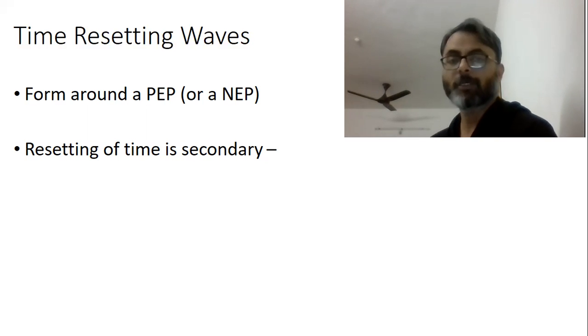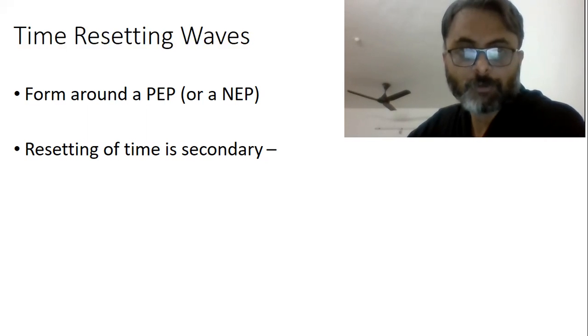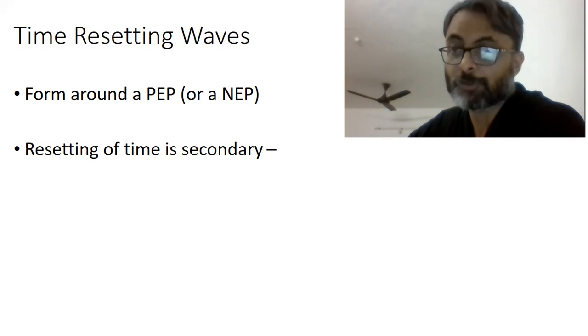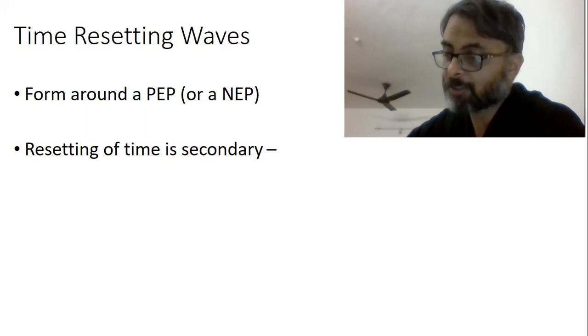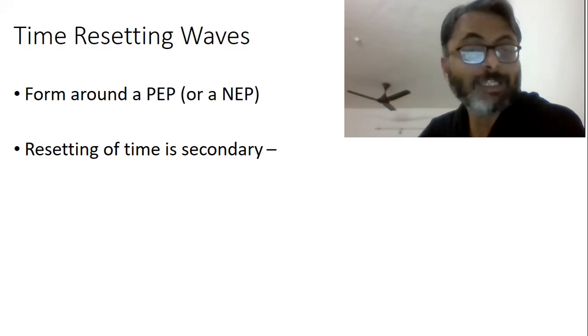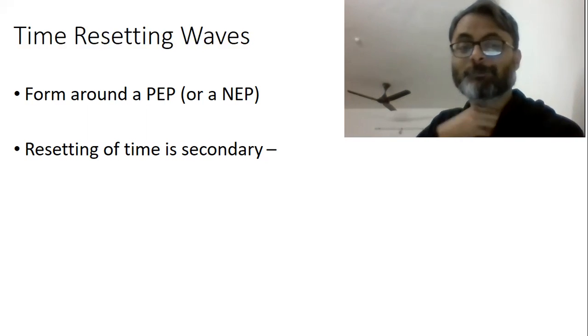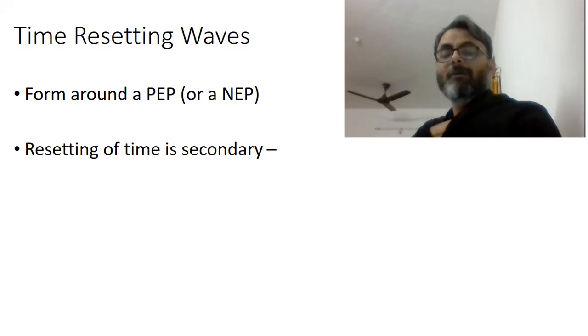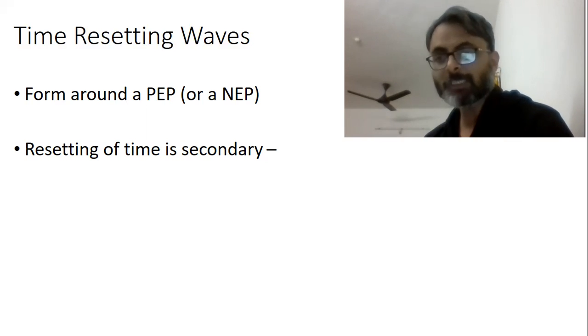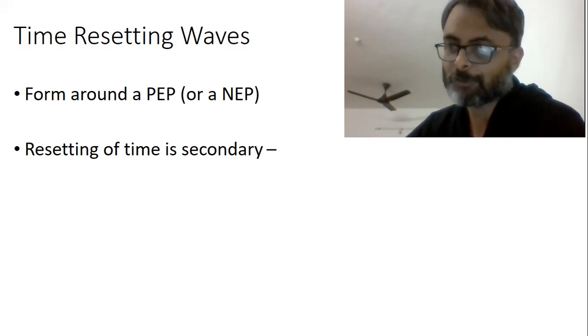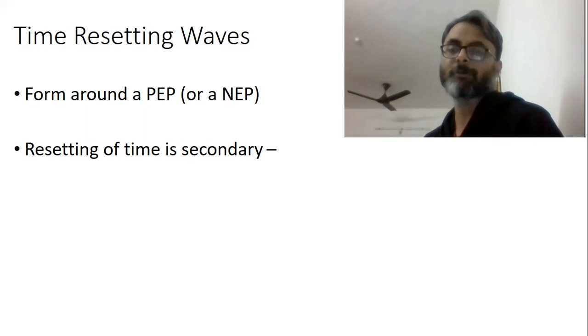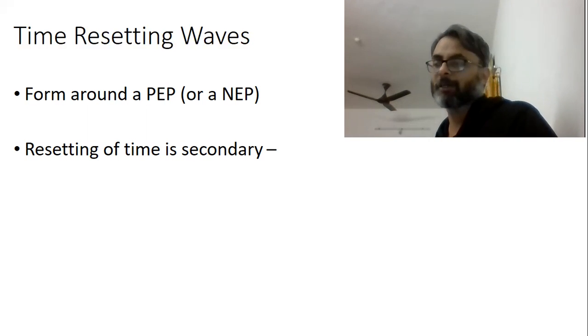So here, these time resetting waves travel outwards with extremely high velocities, much faster than the speed of light. But this is basically the active contraction of space. For active contraction of space, there is no limit set in general relativity.